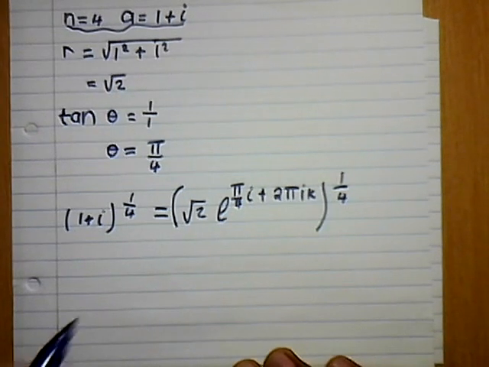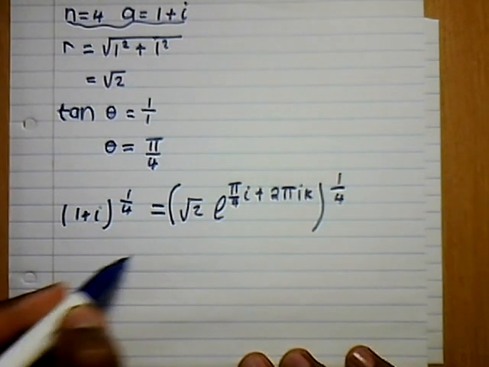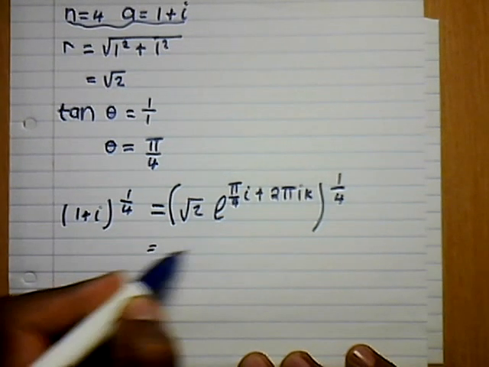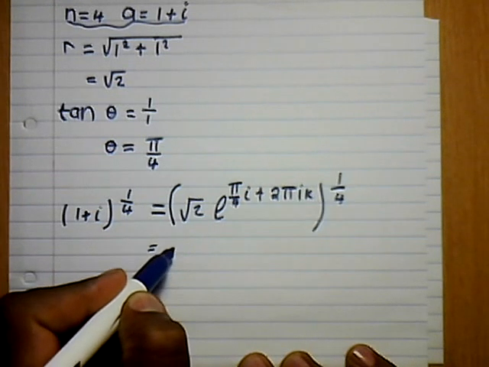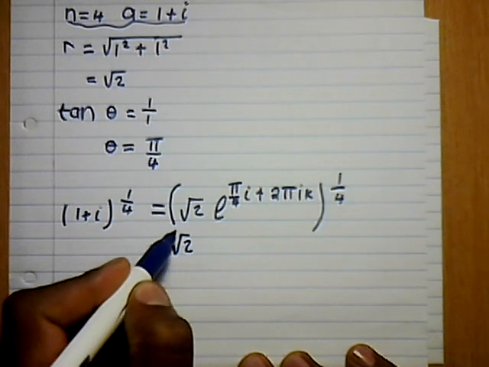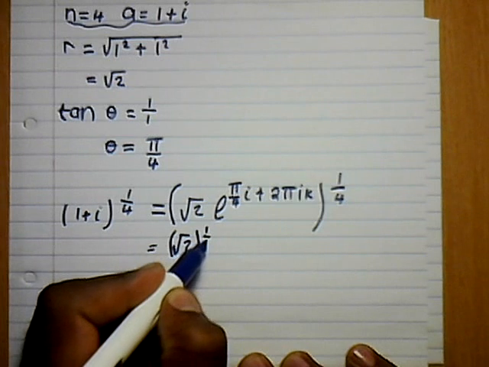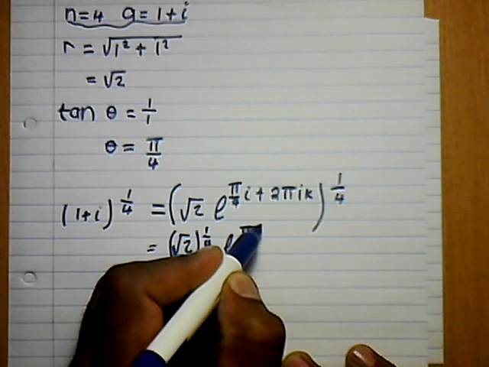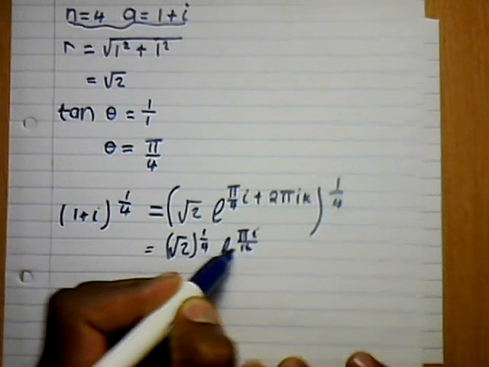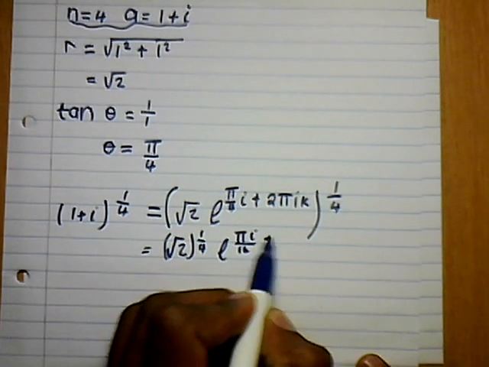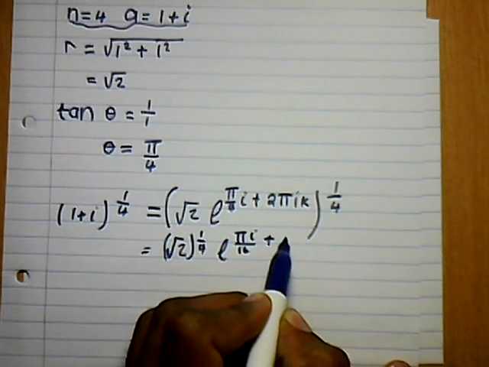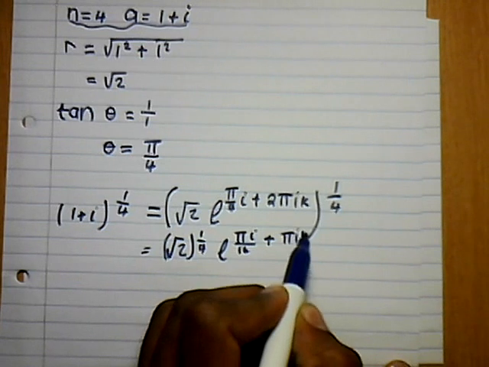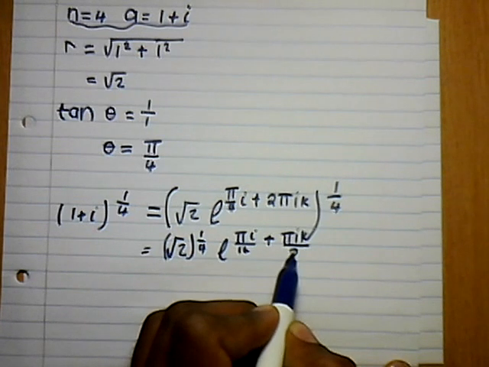Now simplifying further, we find that this is equal to square root of 2 raised to the 1/4, times e to the power of pi I over 16 plus pi I k over 2.